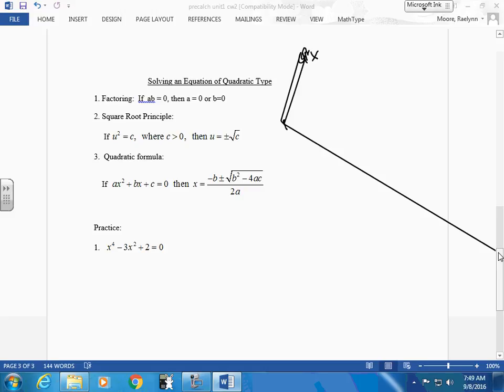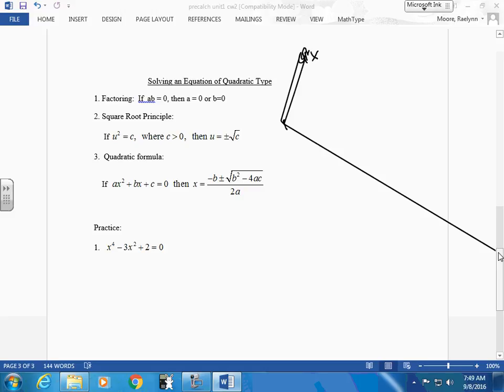Are we good to go? Or can we factor again? We can factor again. If you wanted to set both of these equal to 0, you could absolutely do this here. Take your square root. If you wanted to set this equal to 0, you could certainly do that one too. Or if you wanted to, you could do your perfect squares.